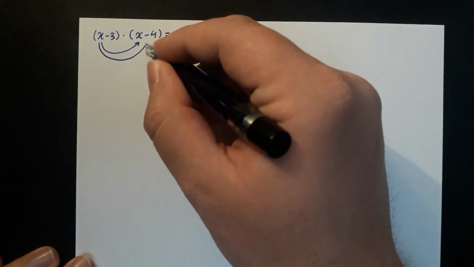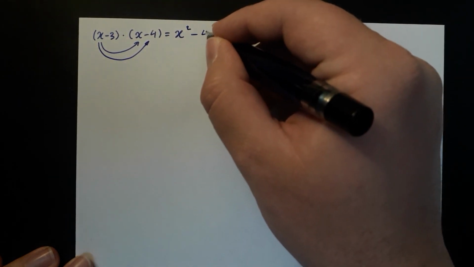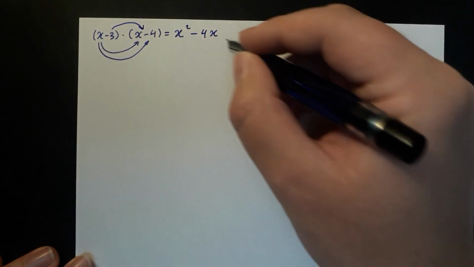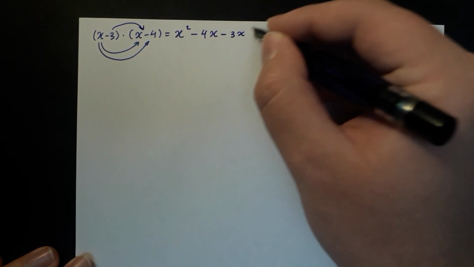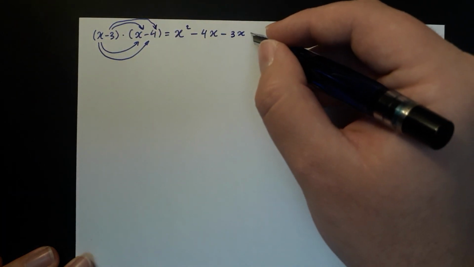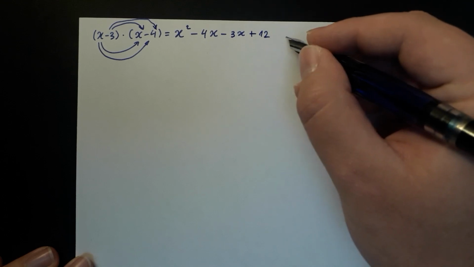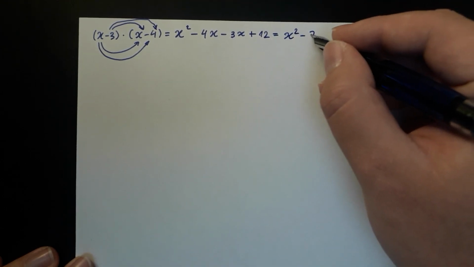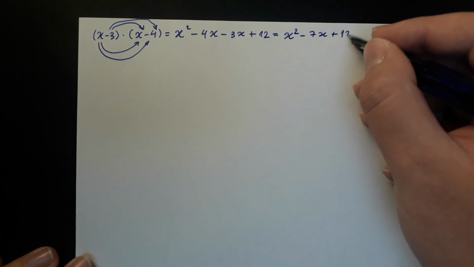X multiplied by negative 4 is minus 4x. Minus 3 multiplied by x is minus 3x. And minus 3 multiplied by negative 4 is positive 12. So this is then equal to x squared minus 7x plus 12.